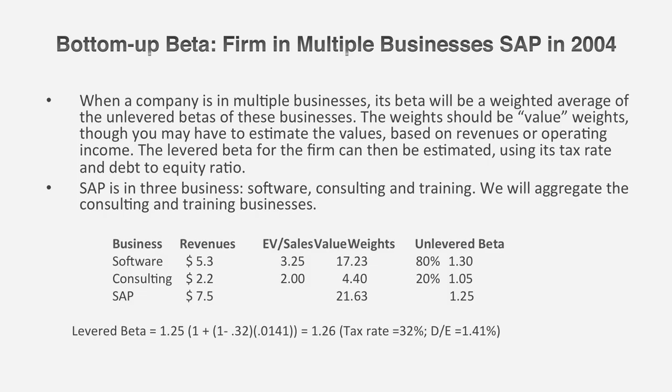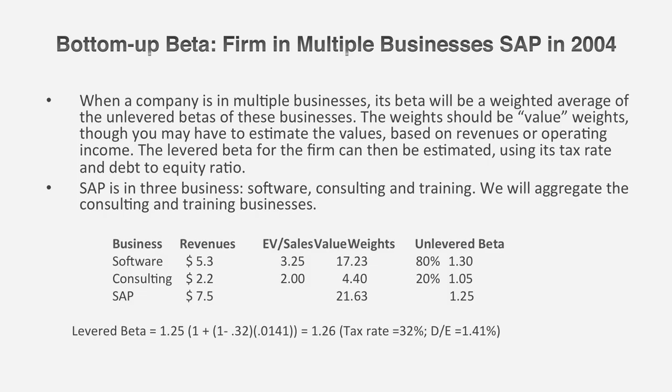Remember those comparable companies from which I got those betas? I also looked up an additional number. I looked to see what multiple of revenues companies in each of these businesses were trading at. So basically, I'm looking to see whether the market is valuing these companies at 2 times revenues, 3 times revenues, 5 times revenues. I applied that multiple of revenues for software companies to the revenues that SAP gets from its software business to get an estimated value for SAP's software business.